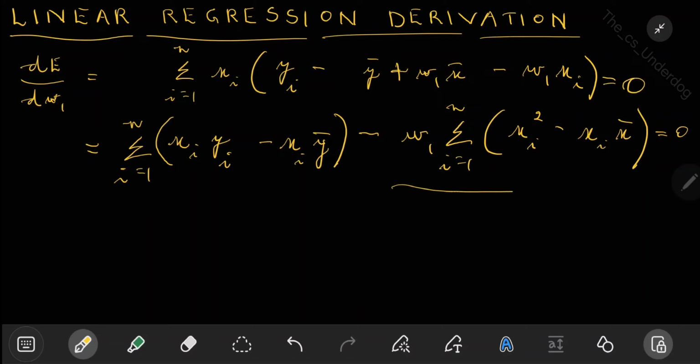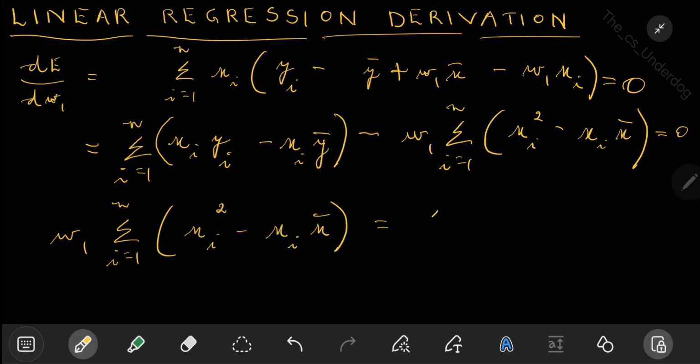The next step is to take this term to the RHS because that is what is having w, and we finally want to find the value of w1. w1 into sigma i equal to 1 to n, xi square minus xi x bar, is equal to sigma i equal to 1 to n, xi yi minus xi y bar.